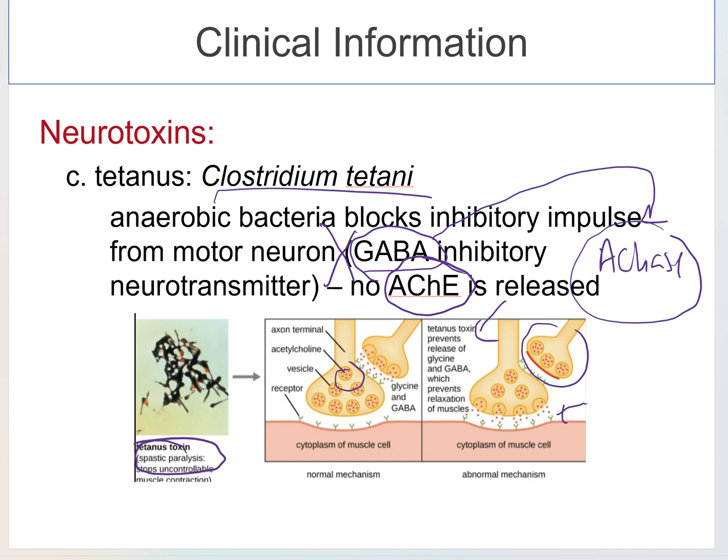When you get a tetanus shot, you're supposed to get it every 10 years. Because again, this is an anaerobic bacteria. If you step on a rusty nail, it's in the soil. It might be deeper in the soil where there's less oxygen, and you're more likely to have the anaerobic bacteria. So you would want to make sure you have a tetanus shot, which basically can save your life because this thing is so fatal.